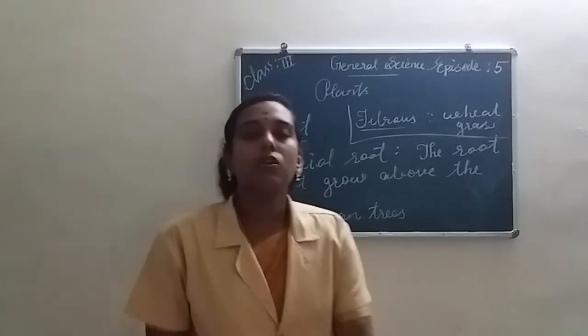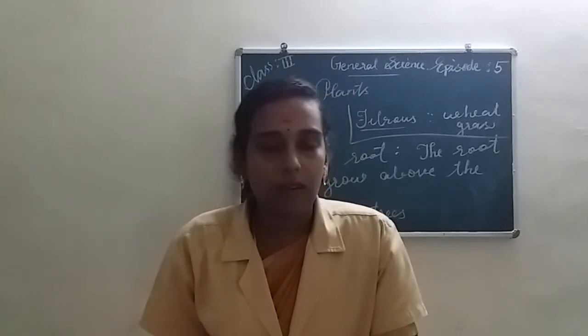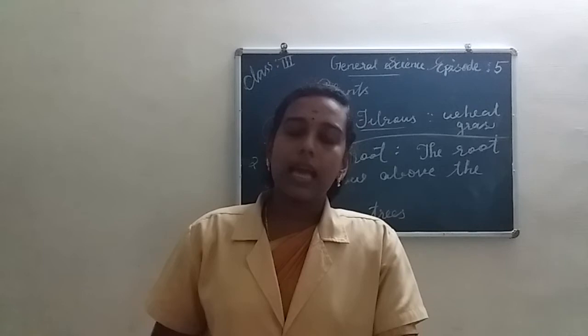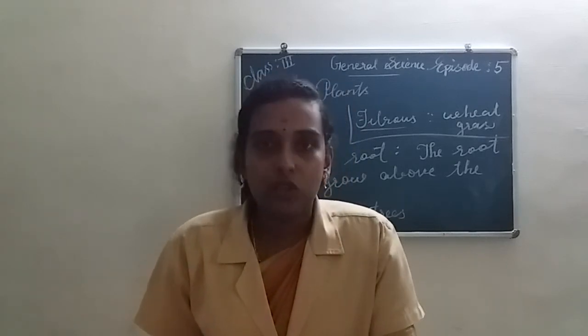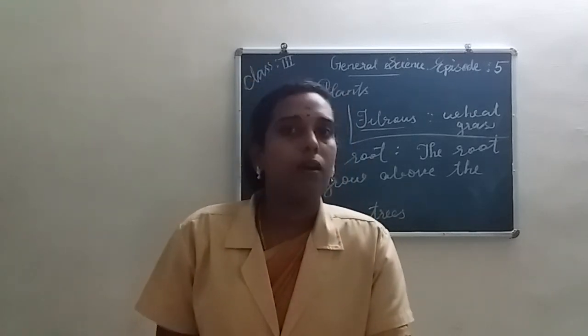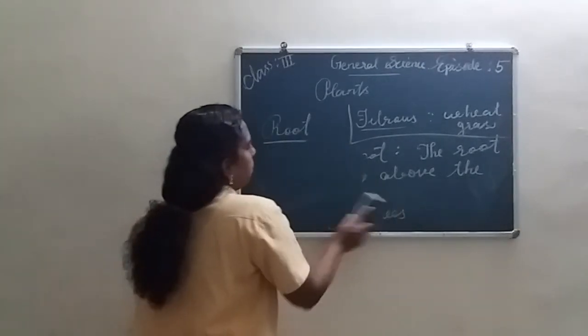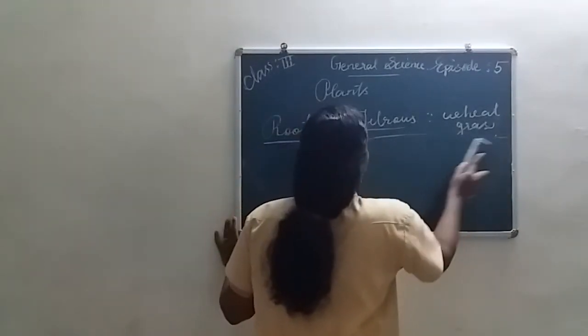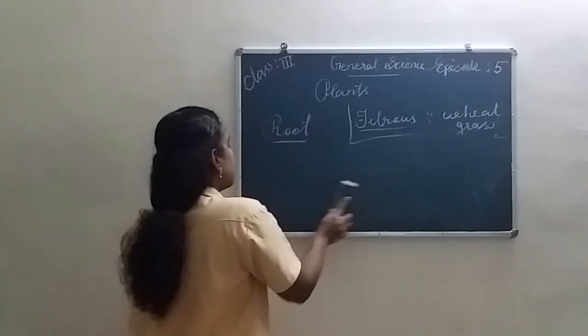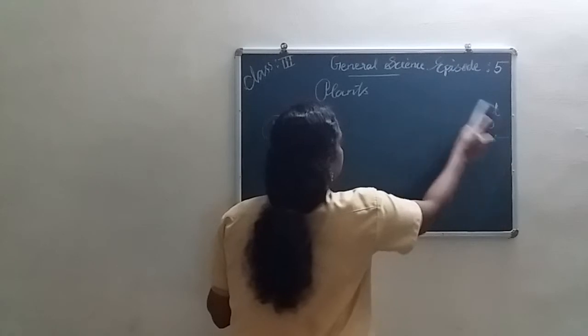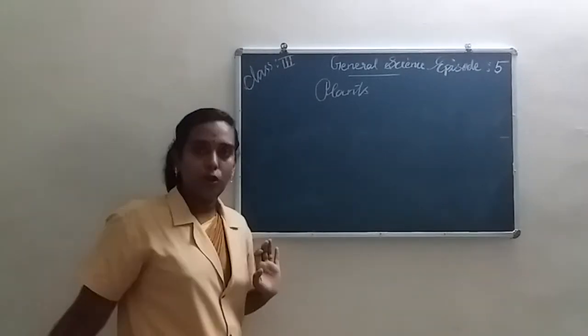The root which grows above the soil is called aerial root. Examples of plants having aerial roots are banyan tree, mangrove plants, etc. Okay. So these are the important parts of a plant: shoot and root. The roots are mainly three types: taproot, fibrous root and aerial root.